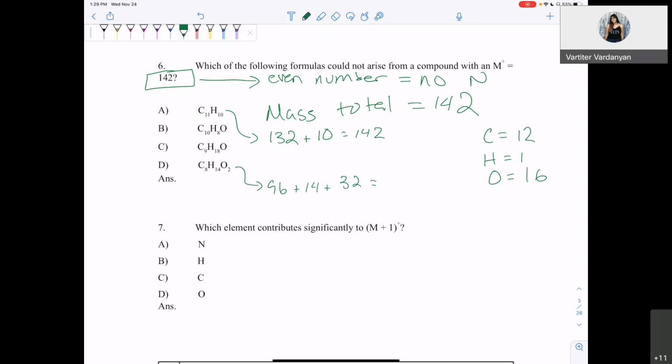So this one is also 142. This guy, 108 plus 18 plus 16.